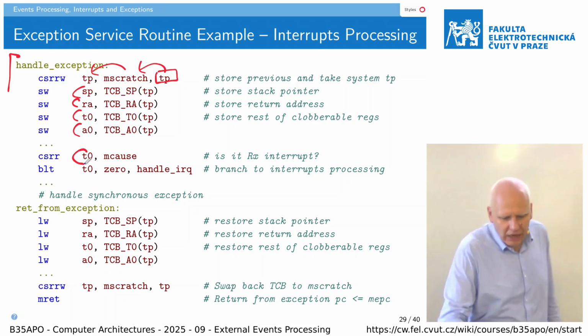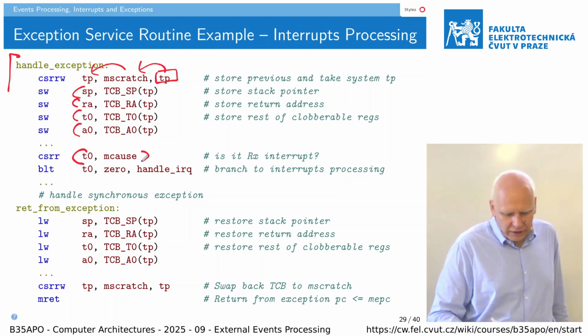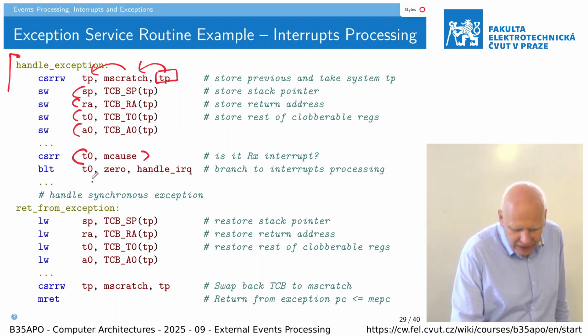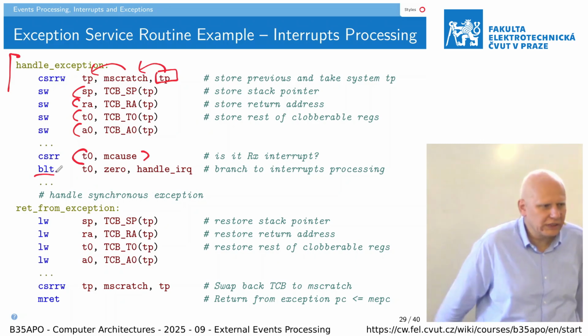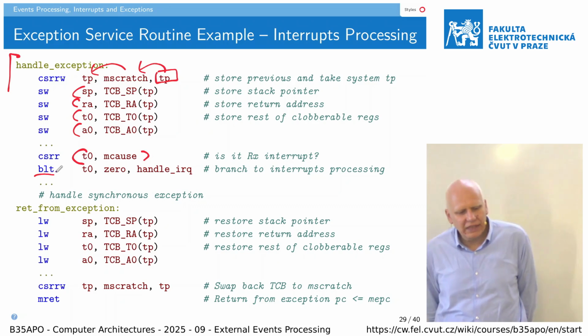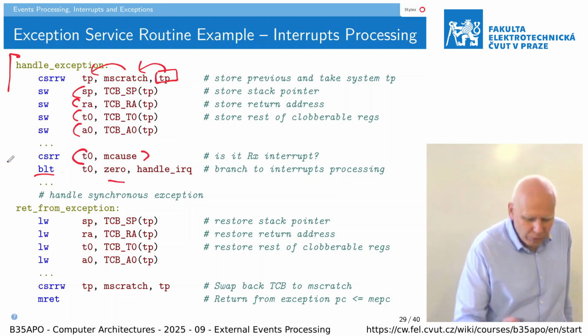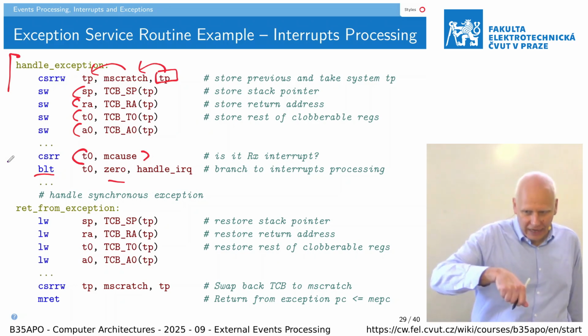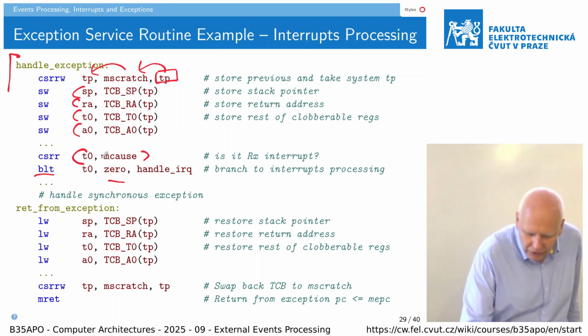read the cause register. If the most significant bit is set, which in fact we can test by BLT with 0. So basically, the most significant bit is in fact a sign. So if the sign is set, then the value is lower than 0.